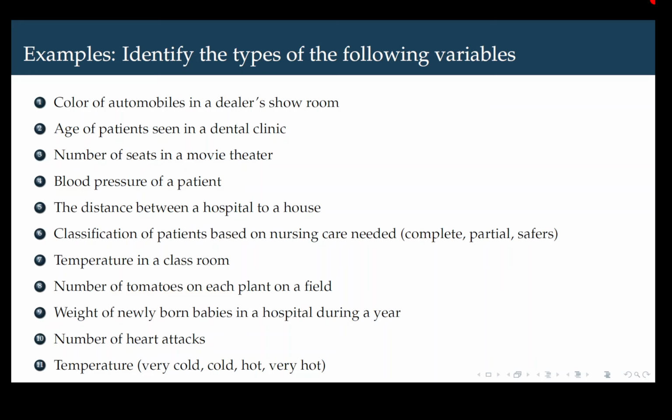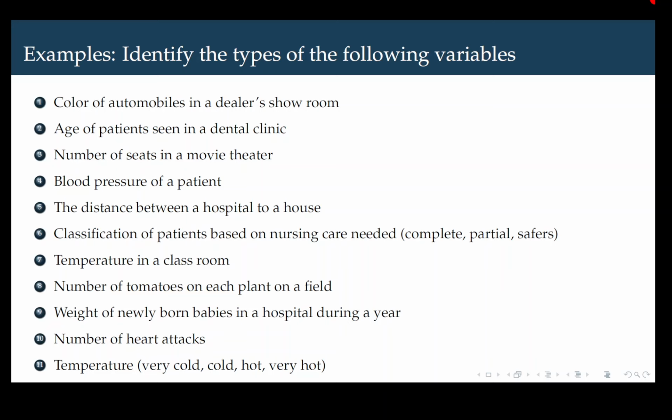So these are the different types of variables. Here are examples to identify the types of the variables: color of automobiles, age of patients, number of seats, blood pressure, the distance between a house and a hospital, classification of patients based on nursing care needed, temperature in a classroom, number of tomatoes on each plant on a field, weight of newly born babies in a hospital, number of heart attacks, temperature.